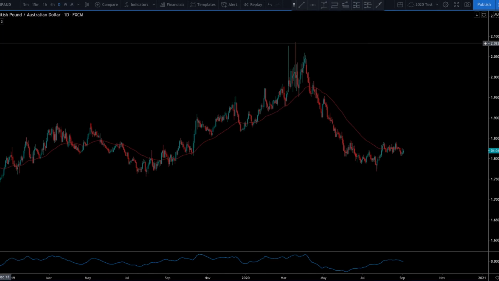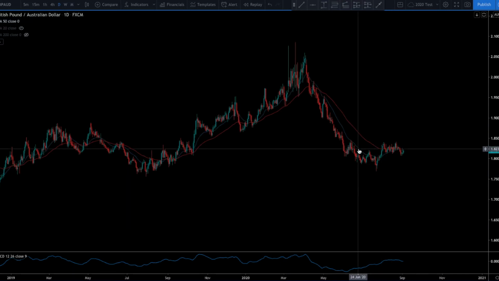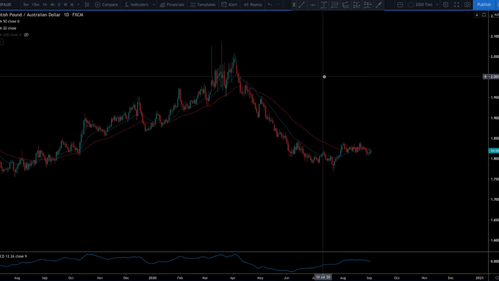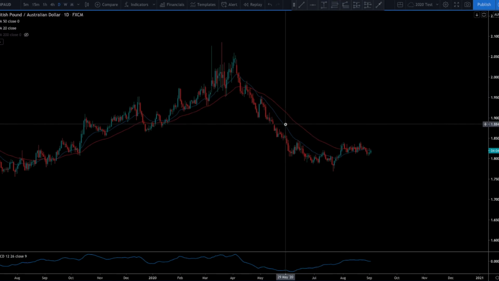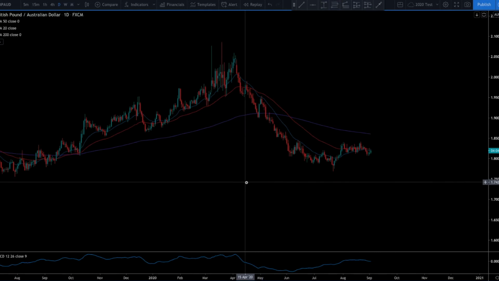Some people like the 20 EMA, which is again the last 20 periods of whatever time frame you're on. And some people also like to use the 200 EMA.